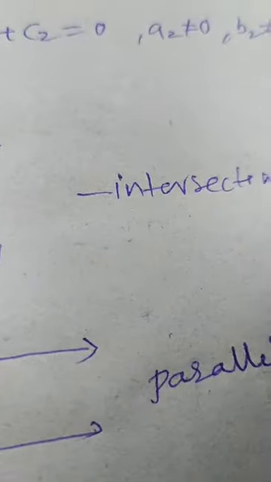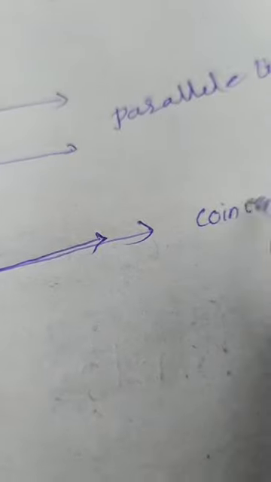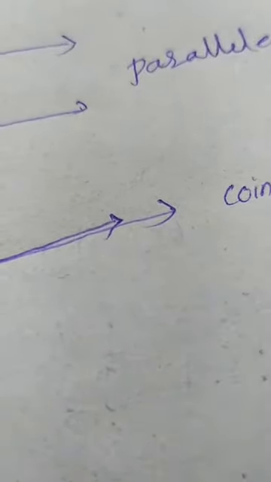And another case, the third case: one line may be lying on another line. Like this also you may get. When one line is lying on another line, then the two lines are called coincident lines.